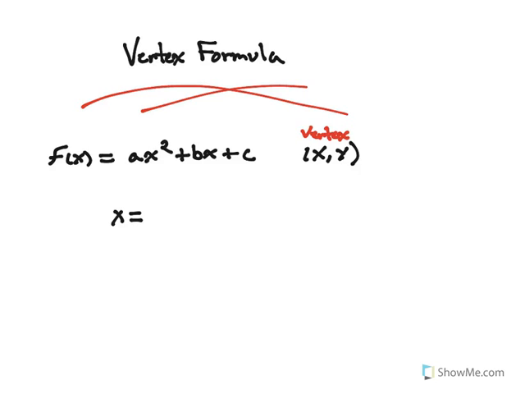So if you want to find that first x coordinate, then you need to use the following formula, which is x equals minus b over 2a. Once you find that, you notice the coefficients a and b, and then you plug them into this formula, and then you'll get your x coordinate.